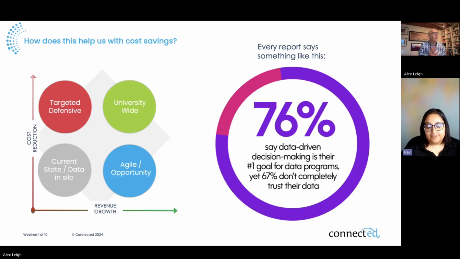Yeah, I just wanted to make the point that it's very easy to immediately jump to the university wide, to that top right hand corner, because ideally that is where we all want to be. And yes, that is probably where you need to be focusing on in the longer term. But we need to really consider the status of our institution, especially when thinking about those points a few slides ago around the difficulties that institutions are facing.